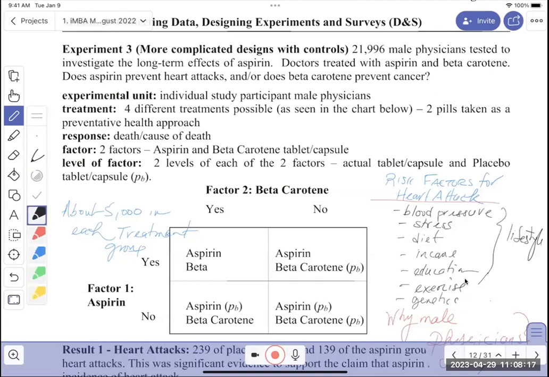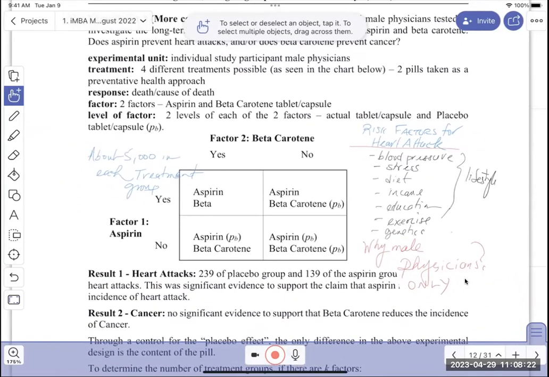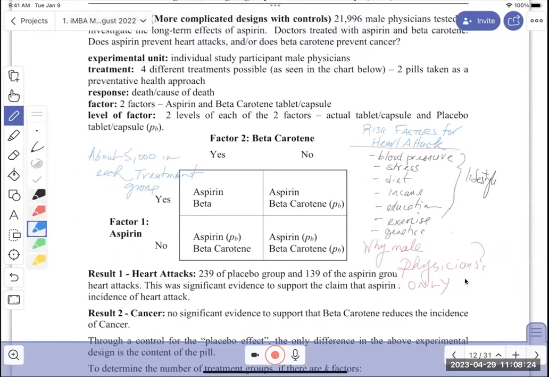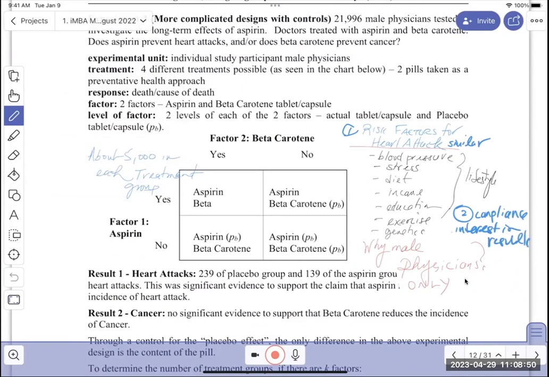Another point is, let me add, that's one thing. 2 is compliance and interest in results for their patients, for their practice, for their families.